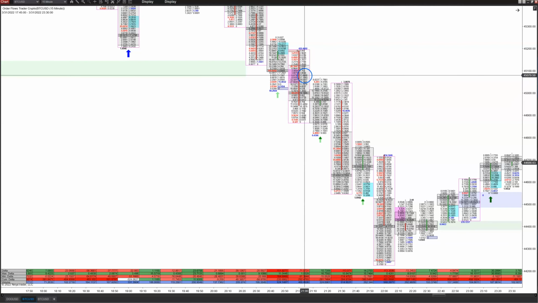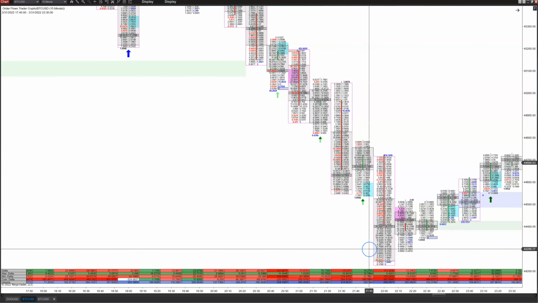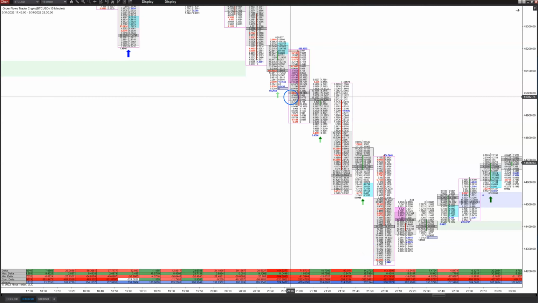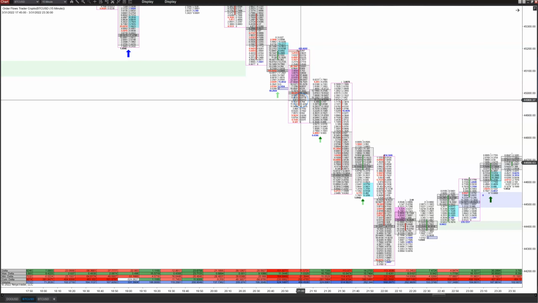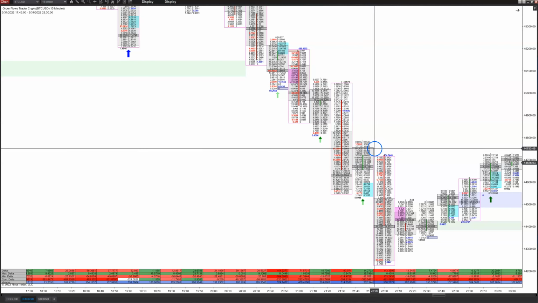So we dropped almost, that was not $1,000, but about 700 from 45,100 down to about 44,300. Pretty quick, and it's just a straight down move. 1, 2, 3, 4, 5 bars. That's on a 15-minute chart. That's just over an hour.